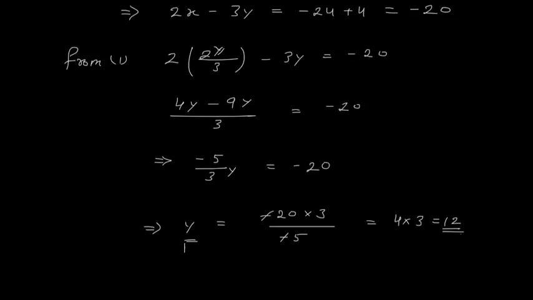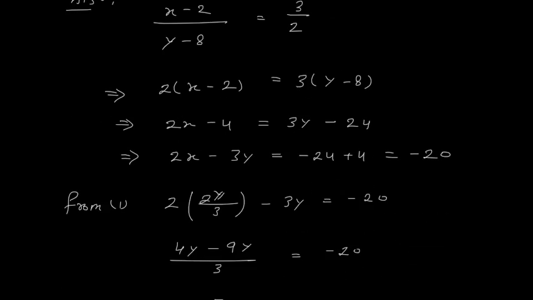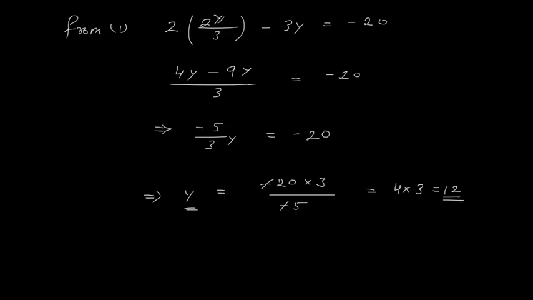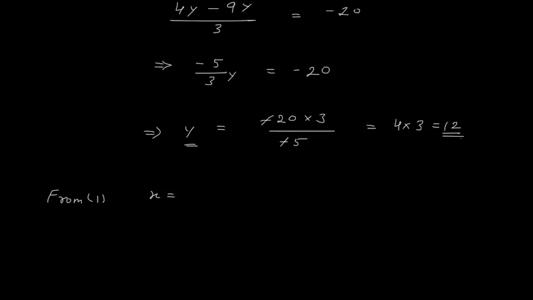Now what is the value of x? We got the value of y as 12. Now from equation 1, the value of x is 2y divided by 3. So 3 ones are 3, 3 fours are 12, 2 fours are 8.